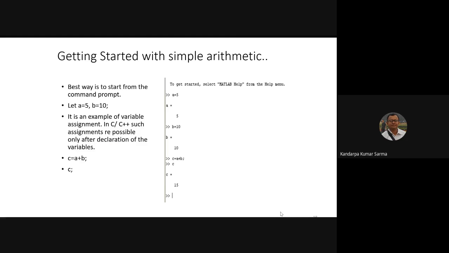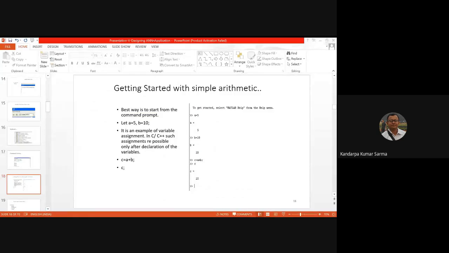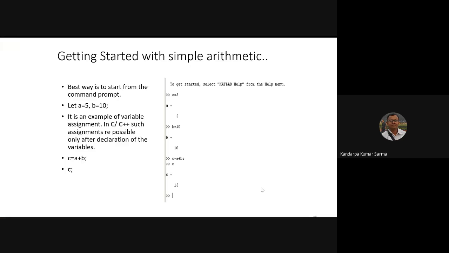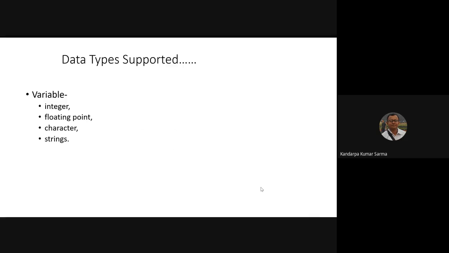So you can do very simple maths, just going on typing in the command prompt, and here no prior variable declaration is required in MATLAB. You can just say something like, say, a is equal to 5. That means a variable declaration. b is equal to 10. You can go on typing like that. No prior declaration.